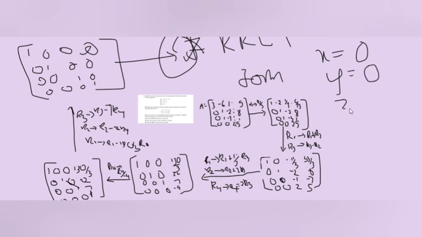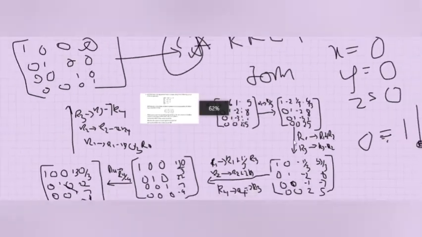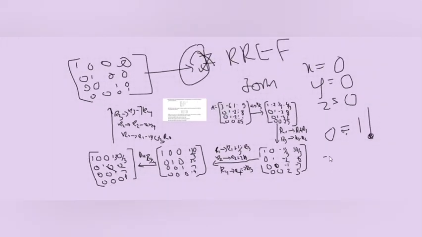And Z is equal to naught. Then finally, naught is equal to 1. There's a contradiction.